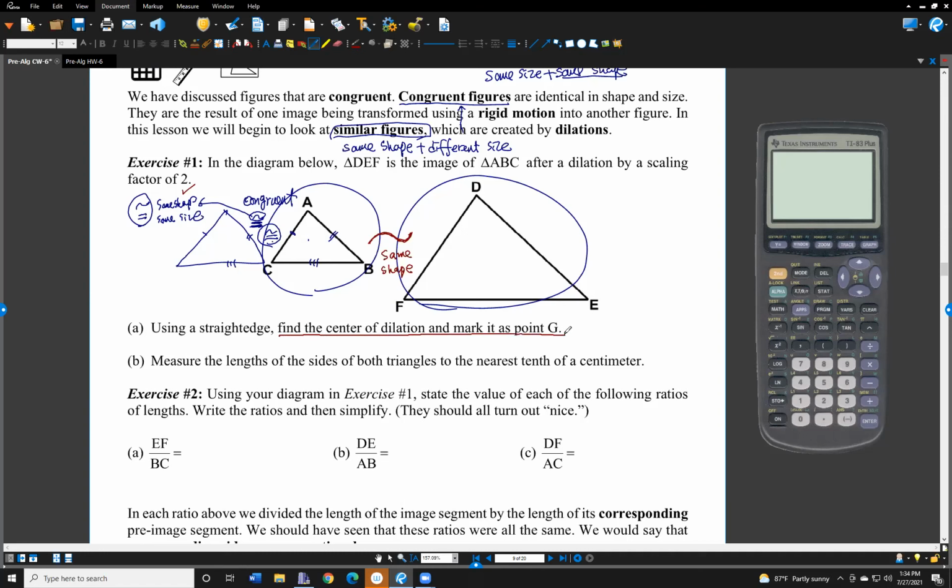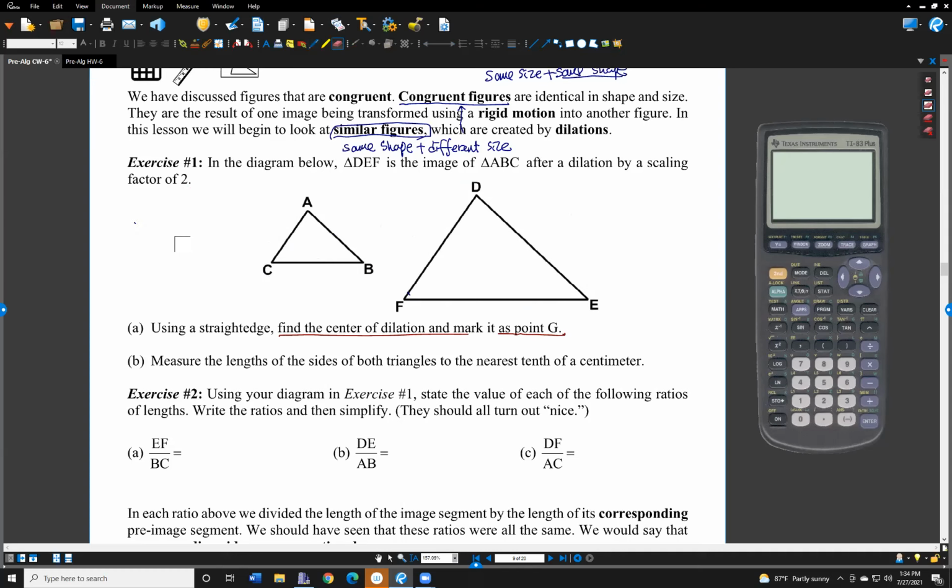I cannot see that one, so I don't know the answer yet. Okay, this is very important. You guys are smart. I'm going to show you how to find the center of dilation.